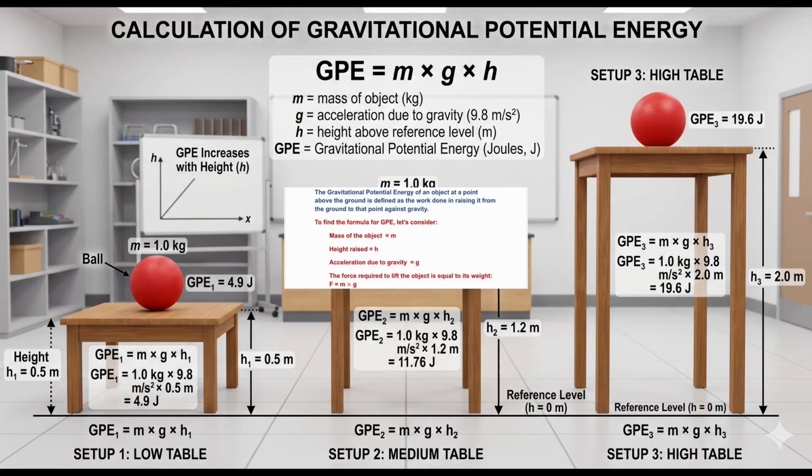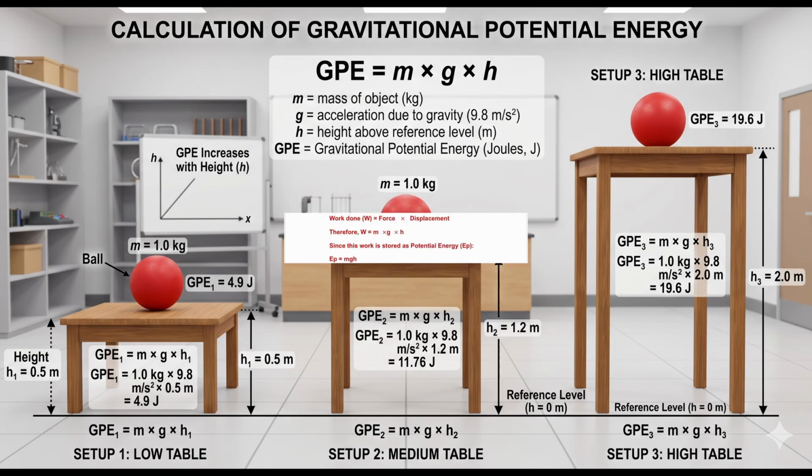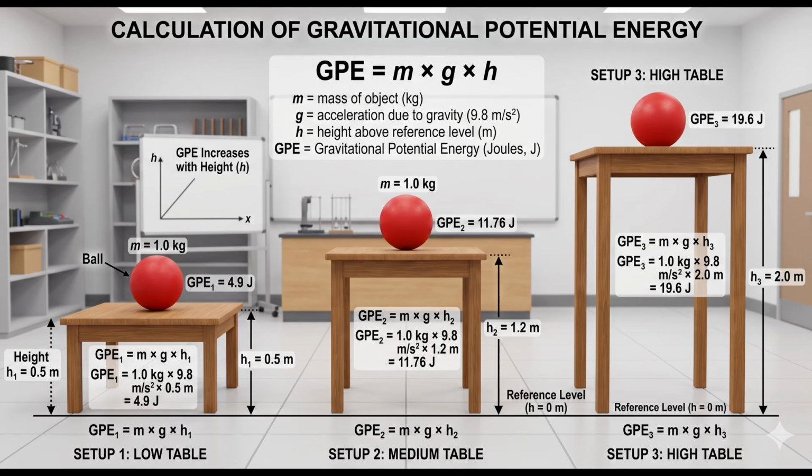To find the formula for gravitational potential energy, let us consider the mass of the object equal to small m, height raised equal to h, and acceleration due to gravity equal to g. The force required to lift the object is equal to its weight, that is, F is equal to m into g.